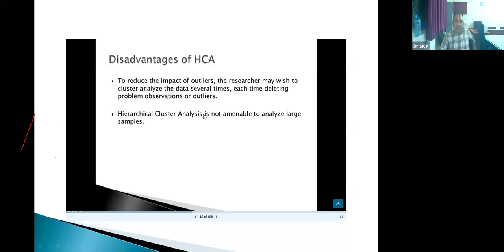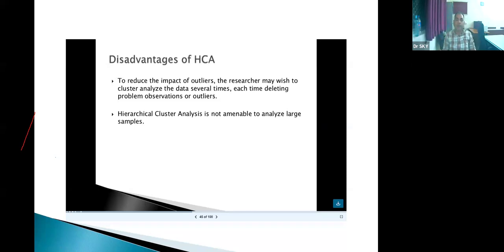So hierarchical cluster analysis is not amenable to analyzing large samples. It is not very appropriate for large samples, because if we have some outliers and then make a cluster scatter plot, we may find more outliers.